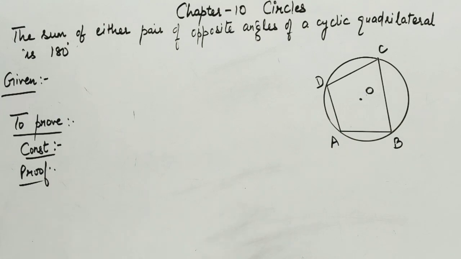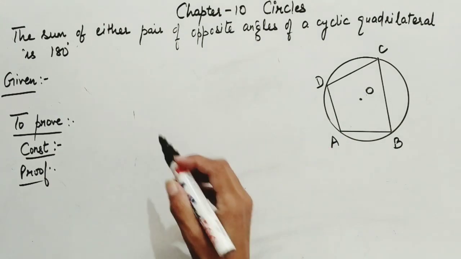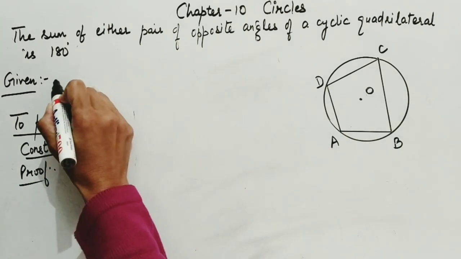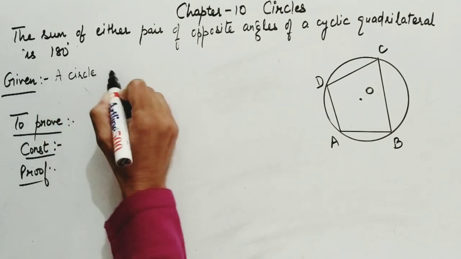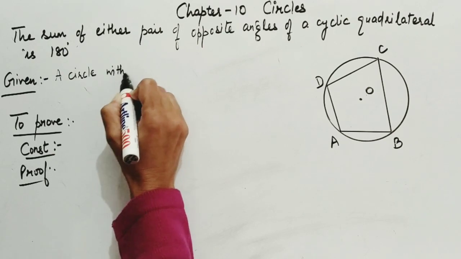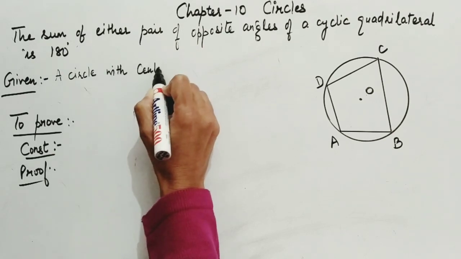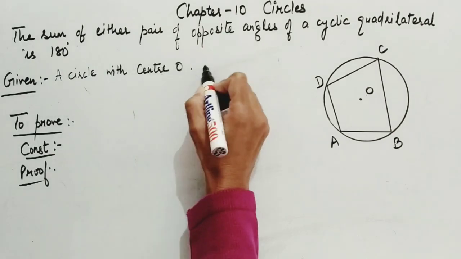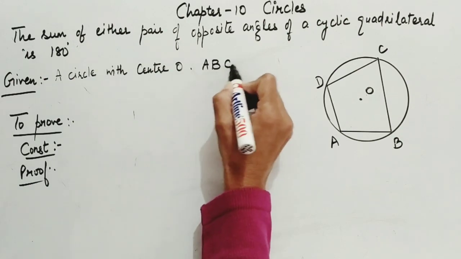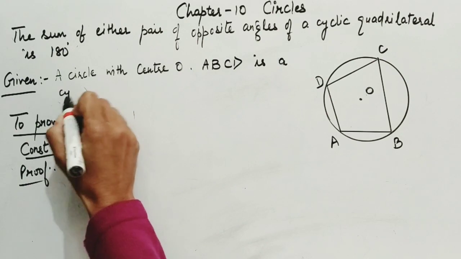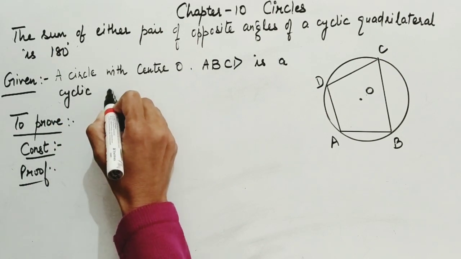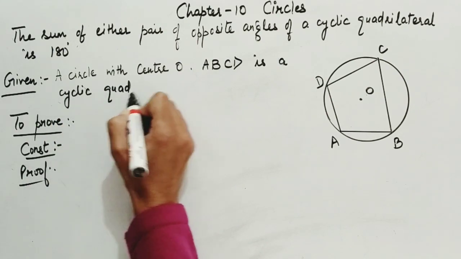So the given information is: a circle with center O, and ABCD is a cyclic quadrilateral.